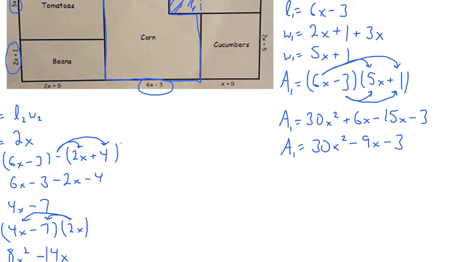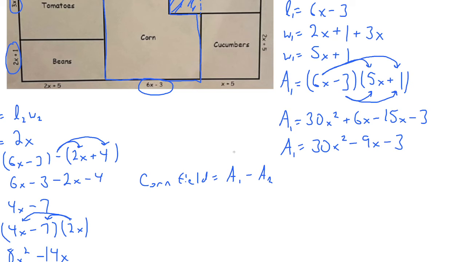So this is A2. And since we have both of the areas, the area of the whole entire rectangle, and then the area of the part that's not part of the cornfield in the rectangle, then we subtract. So the cornfield is going to be A1 minus A2.